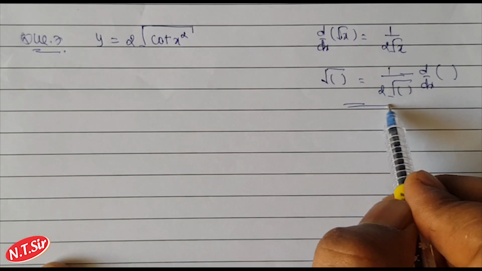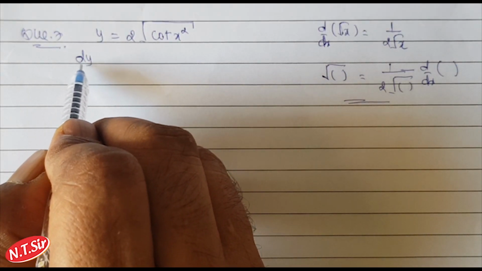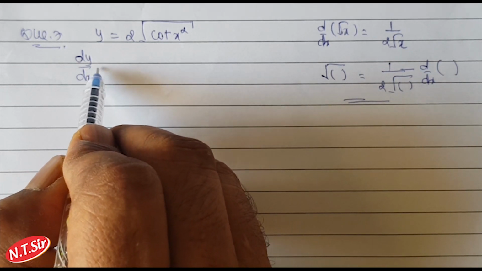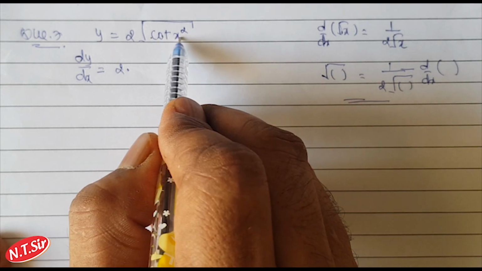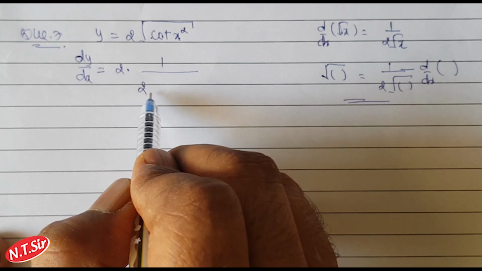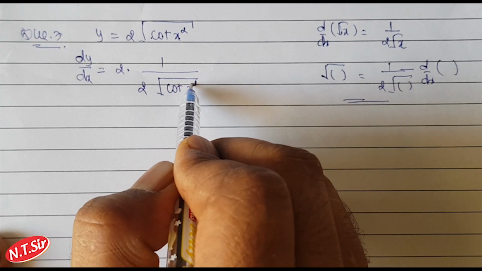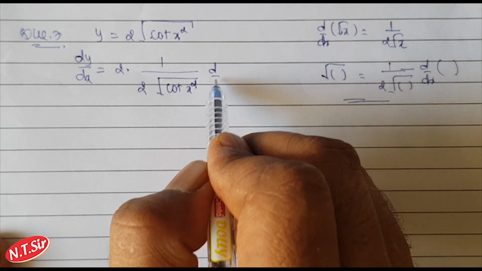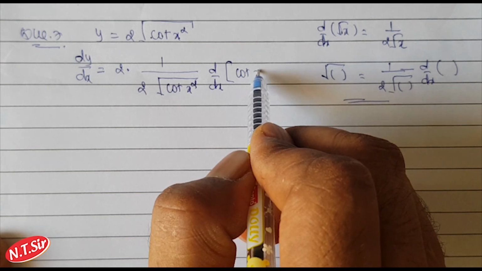So applying this rule here, differentiating with respect to x, dy by dx is equal to 2 as it is. Root bracket is 1 upon 2 root bracket, that is cot x square, and d dx of bracket, that is cot x square.